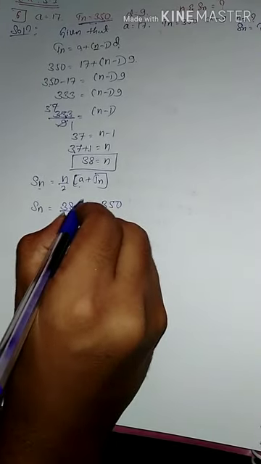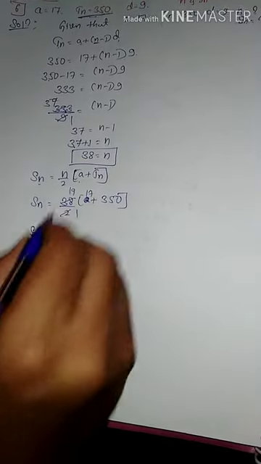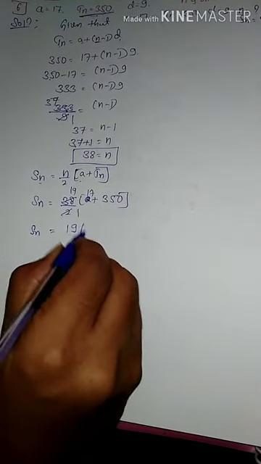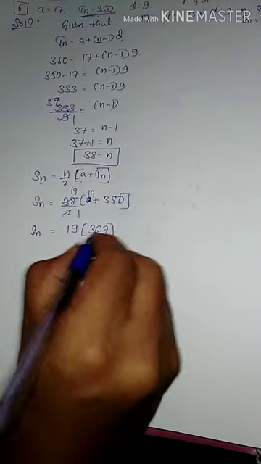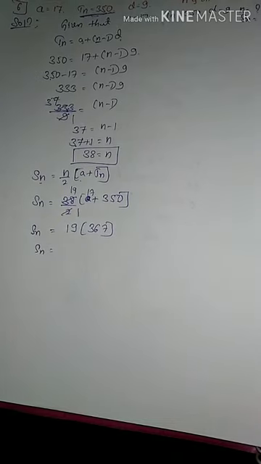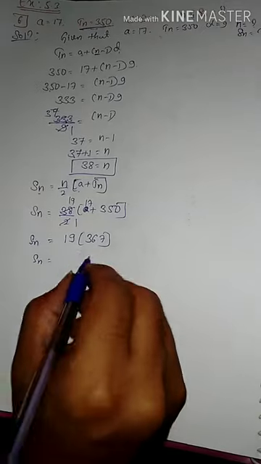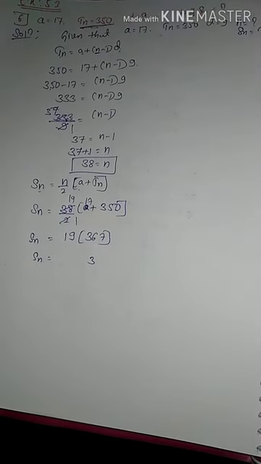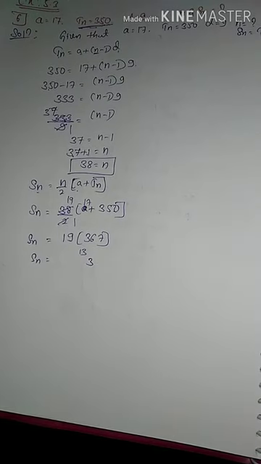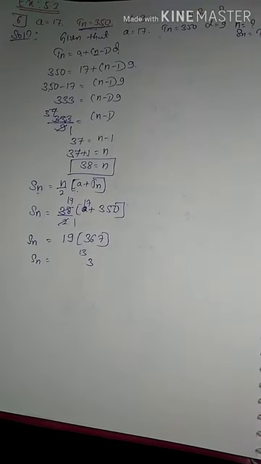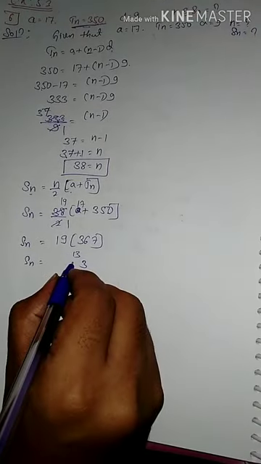So a is also given. a is 17. So Sn is equal to 2 1s are 2, 19s are 19. Sn is equal to 19 into (350 plus 17 is 367). So Sn is equal to 19 7s are 133, thirteen is a remainder. 19 6s are 114. 114 plus 13 is 127.